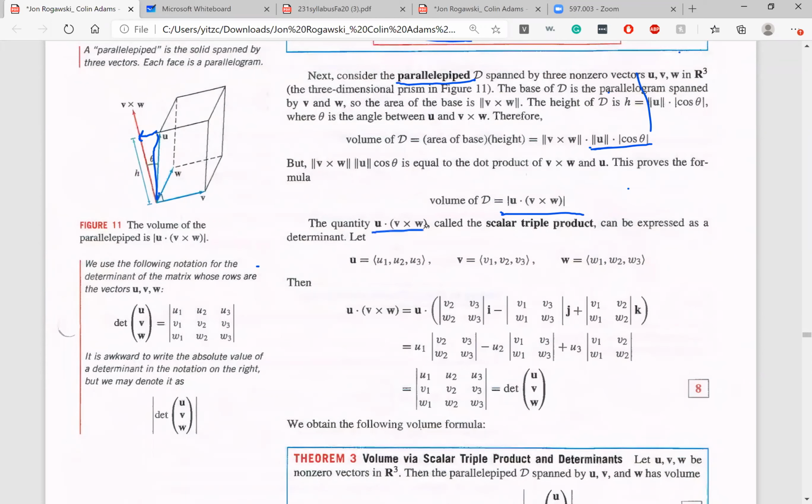It doesn't appear that much other than in the case of a parallelepiped, but we call this the scalar triple product. And we can also use the determinant to find the scalar triple product.